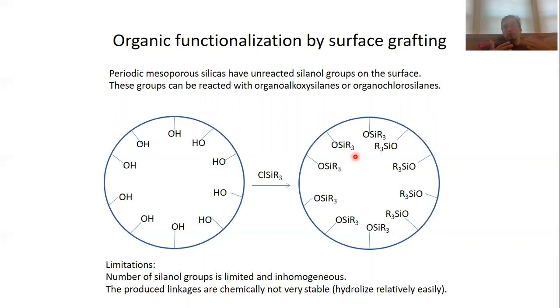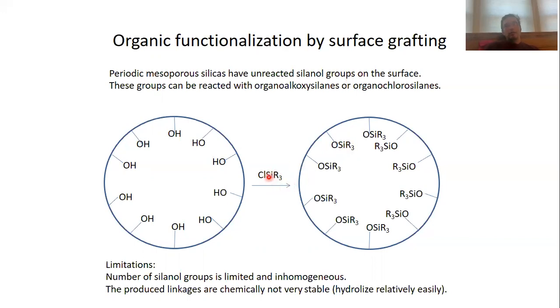So this way you can tune both active and passive properties of these pores. A passive property would be, for instance, the hydrophilicity. These pores would certainly still be hydrophilic, while after the functionalization they would be hydrophobic in case this group R here is a methyl group, for instance.